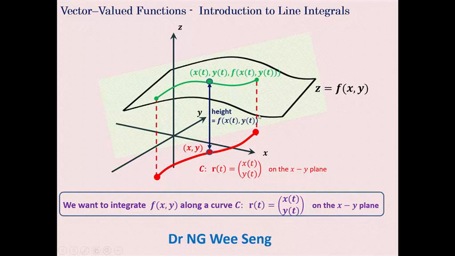But since we are integrating the function along the curve, the red curve, the domain becomes this red curve. So we only consider the part of the surface, which is the green curve, that corresponds to the red curve. So any point on the green curve will be given by these coordinates, x t, y t, and f of x t, y t.